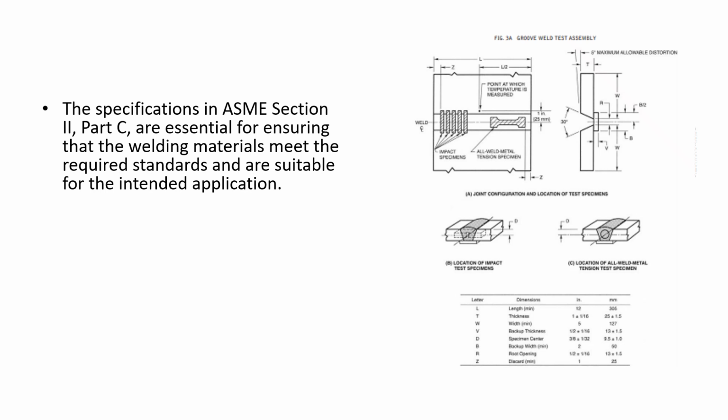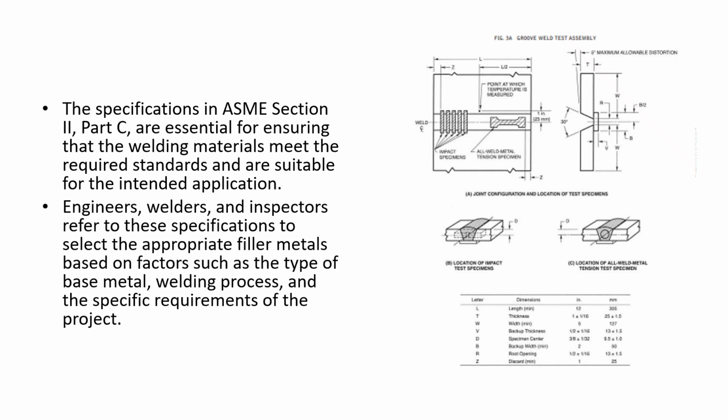This is a lot of information that, if you're looking to figure out what filler material you need, can be a great source of technical information. Engineers, welders, and inspectors refer to these specifications so that they can select an appropriate filler material for the job they're doing.